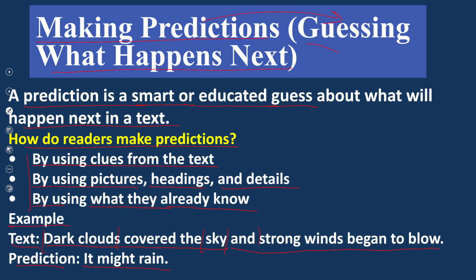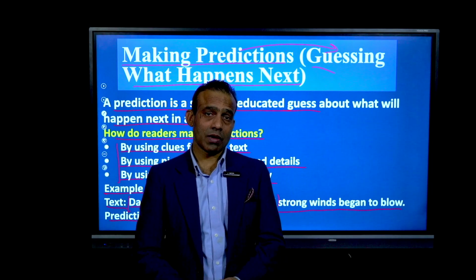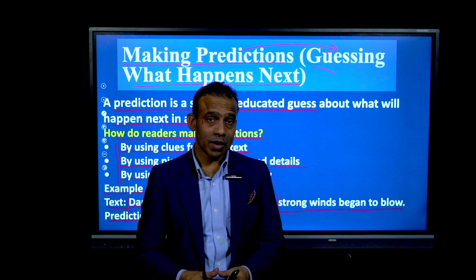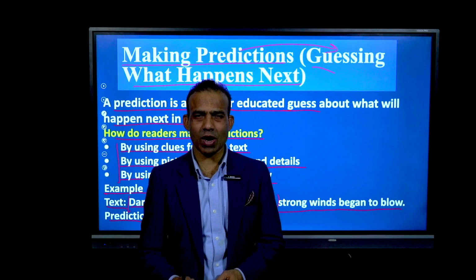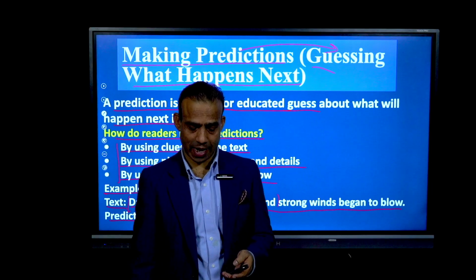From these words, the reader predicts that it might rain. Yes. So, dear students, these are the techniques which we use for predictions or guessing what is going to happen next in the text. Now, move to the next slide.